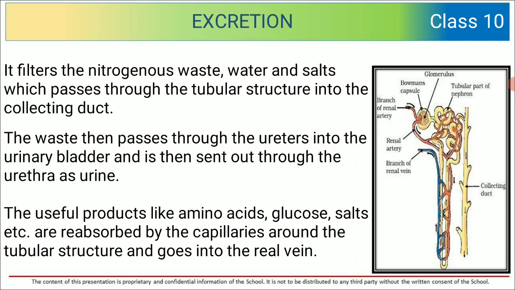The waste then passes through the ureter into the urinary bladder and is then sent out through the urethra as urine. The useful products like amino acids, glucose, salt, etc. are reabsorbed by the capillaries around the tubular structure and go into the renal vein.